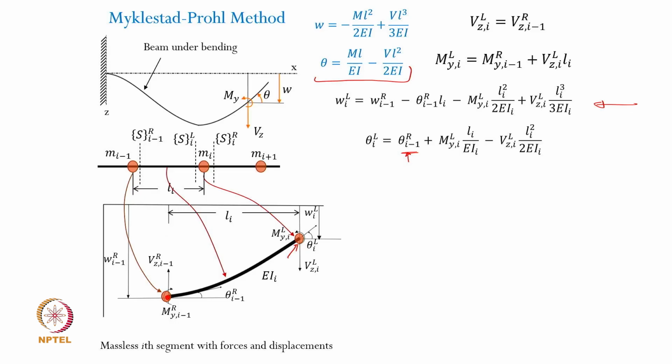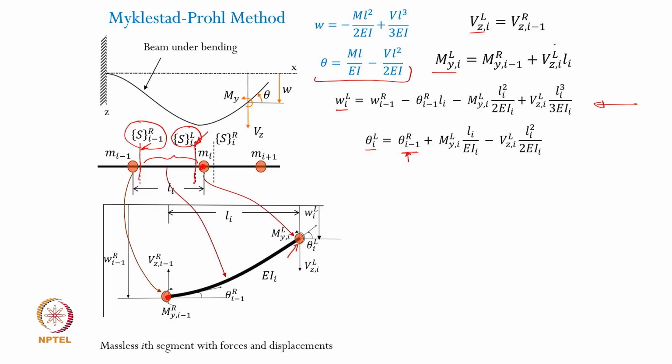Now what is our overall objective for relating the state vector on the left side of the ith mass to the right side of the I minus 1th or the previous segment's mass is to establish this matrix which defines the segment here, okay. So therefore I would like to write all these parameters on the left side, that is this particular state variables in terms of the state variables on this side.